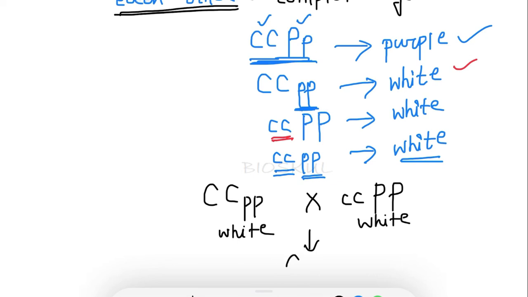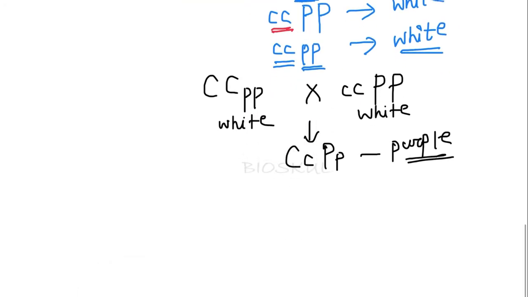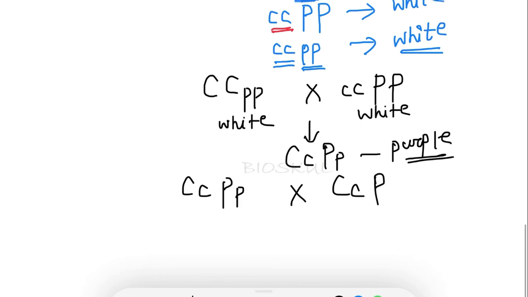In the F1 generation, what will we get? We will get capital C, small c, capital P, small p, and here the color will be purple. Because here the dominant forms of genes are present, which complement each other and produce the purple color flower. Let's cross these two, capital C, small c, capital P, small p with capital C, small c, capital P, small p.